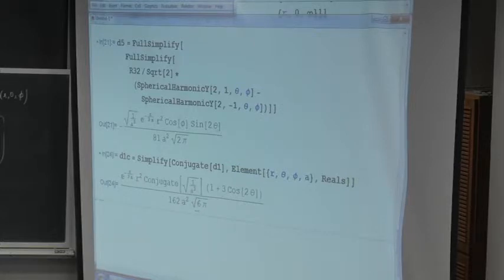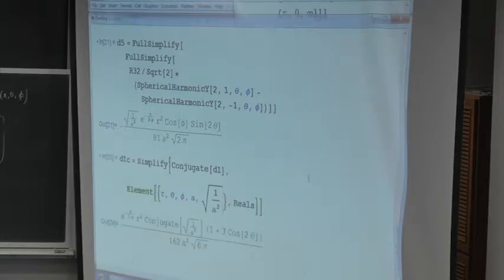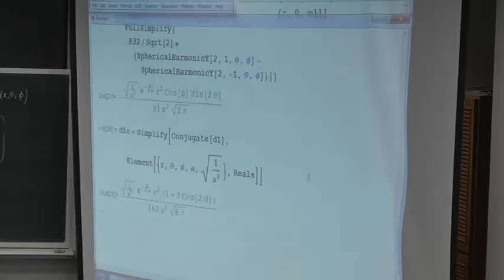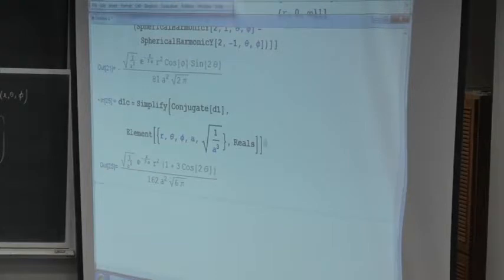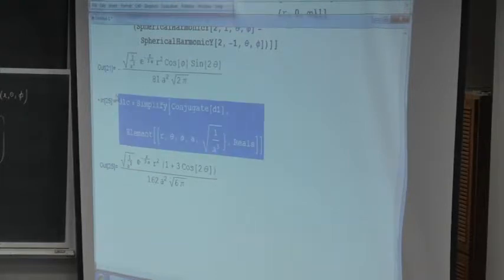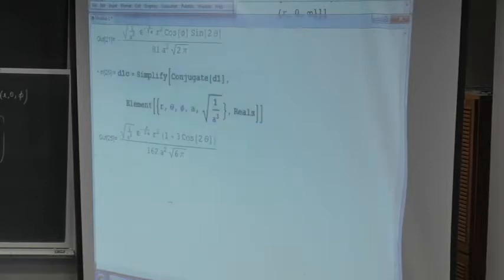Okay, so I've defined the complex conjugate of one of the wave functions. When you do mathematical programming in software like Mathematica, you have to tell it precisely which variable is real and which one is not.